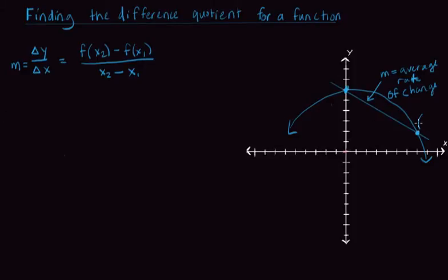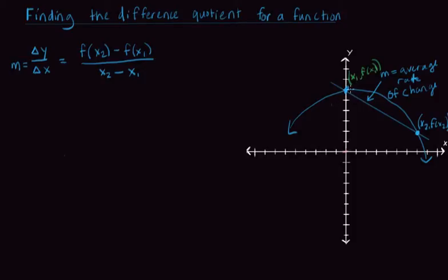Okay, so we have x2 comma f of x2, and then over here, this point is, let's try a different color, x1 f of x1. And remember that f of x is just another way of saying y.